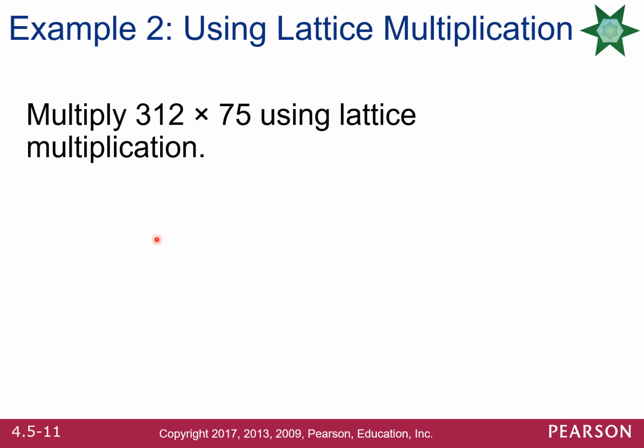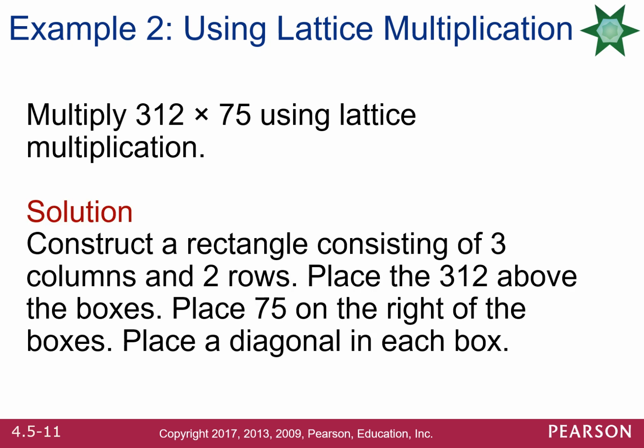Now let's go over the same multiplication through the solutions that they have provided in this slide here. So the first step of the solution says construct a rectangle consisting of 3 columns and 2 rows. So 3 columns for these 3 digits in the first numeral of the multiplication, and 2 rows for the 2 digits for this numeral.